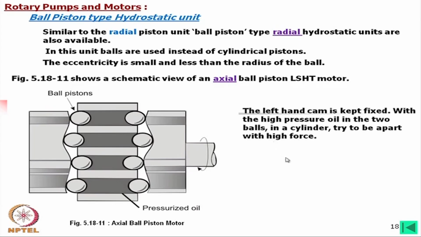So, these are normally not used as a pump, and if we use them as a pump there will be no benefit at all, but this can be used as a very slow speed high torque hydraulic motor. Only due to the reason that we can use the large area to generate large thrust over a small stroke.